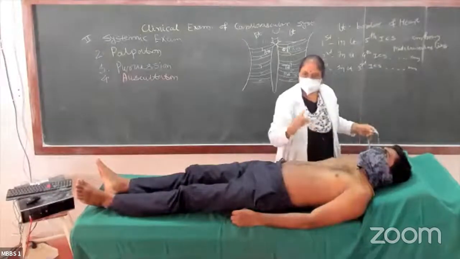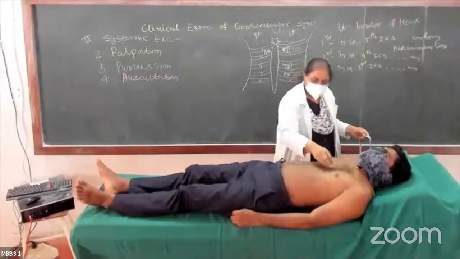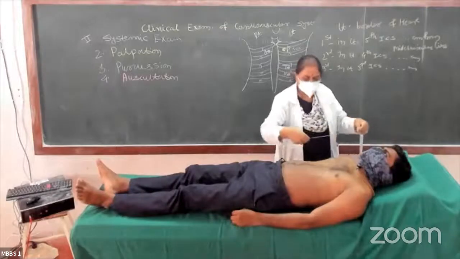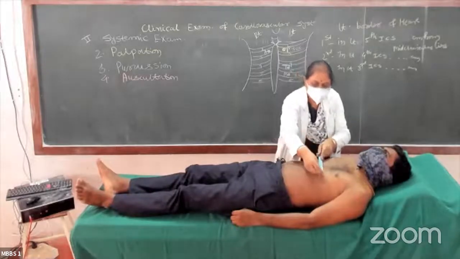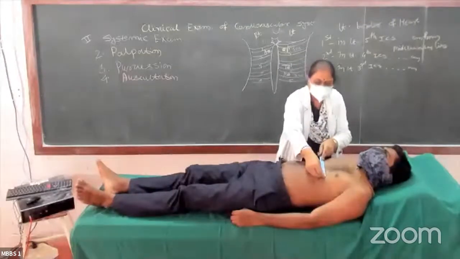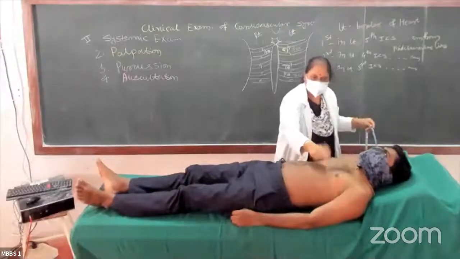Normally it is 1.2 centimeters from the mid-clavicular line. So measure the distance with the help of a measuring scale. Otherwise, from the mid-sternal line, it is 9 centimeters. Like this. Measure from here to here.